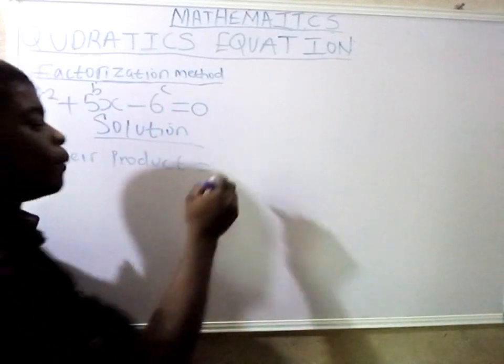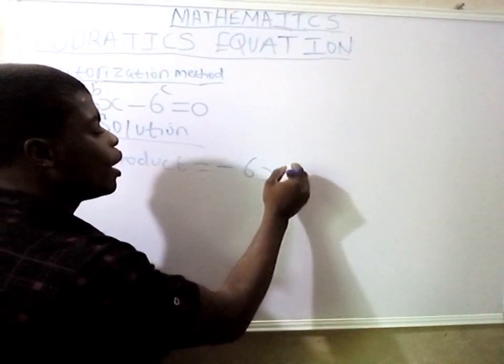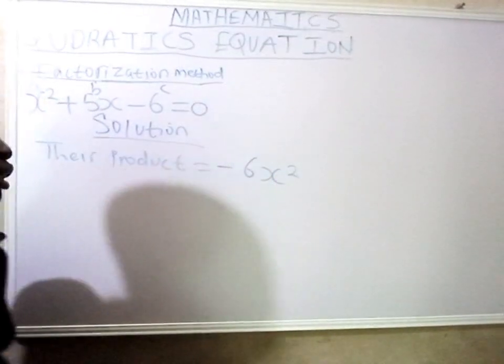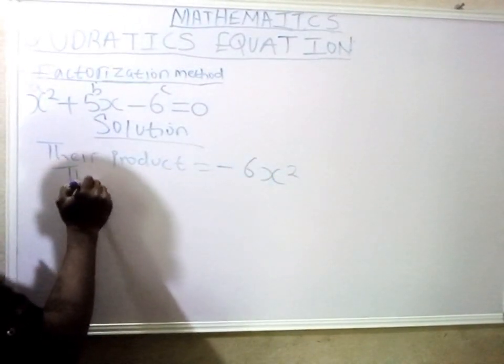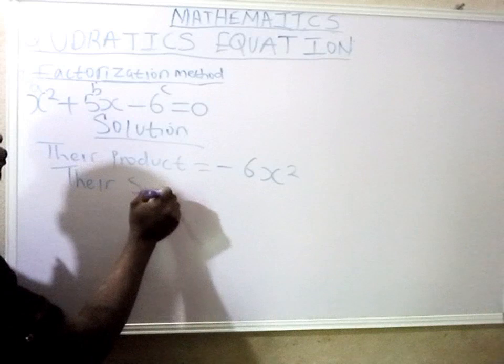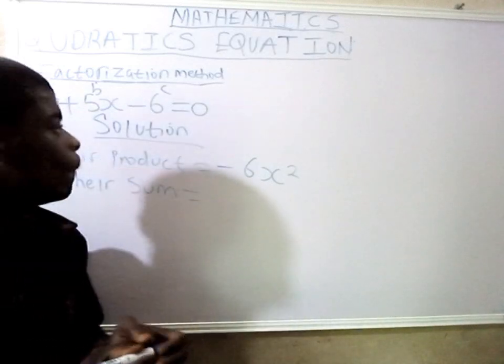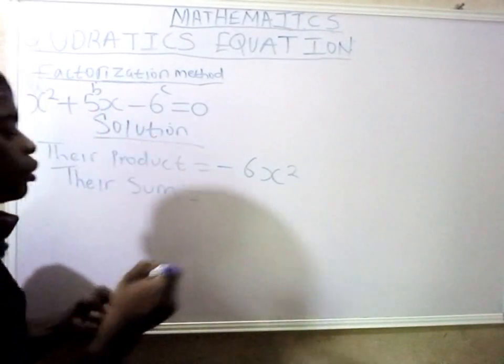Their product will be minus 6x squared, while their sum will be equals to plus 5x.